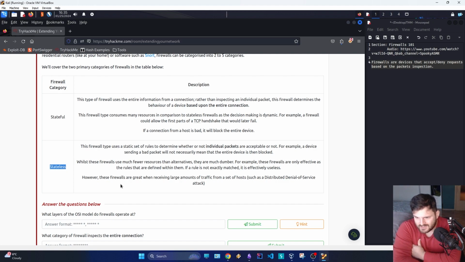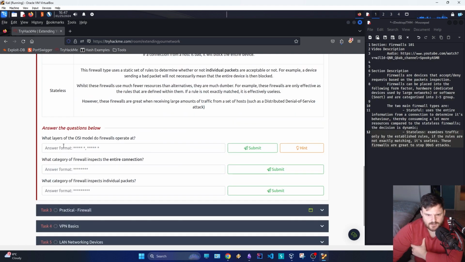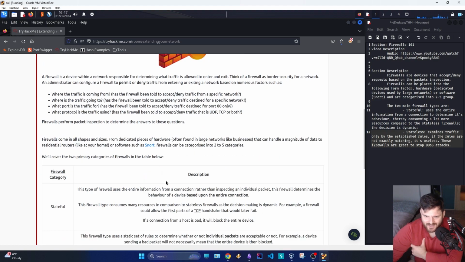They are only as effective as the rules that are defined within them. If a rule is not exactly matching, it is effectively useless. However, these firewalls are great when receiving large amounts of traffic from a set of hosts, such as distributed denial of service attacks.